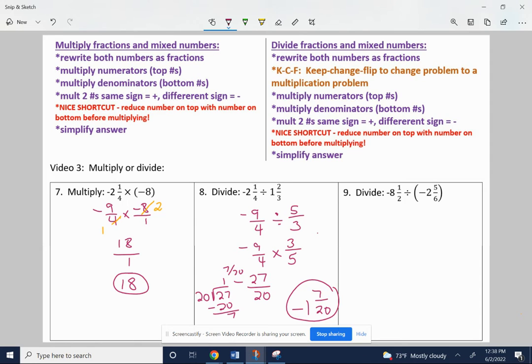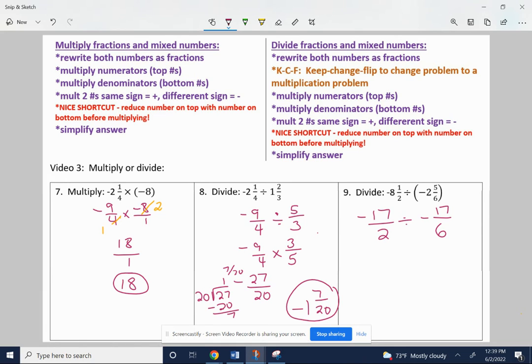Okay, this third problem, it's -8.5 divided by -2 5/6. Change both of these to fractions first. 8 times 2 plus 1 is 17 halves. But it's a negative. -2 5/6. 2 times 6 is 12, plus 5 is 17, so that's -17 sixths. -17 halves divided by -17 sixths.